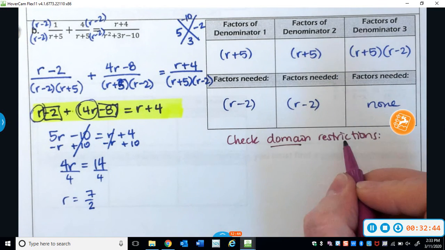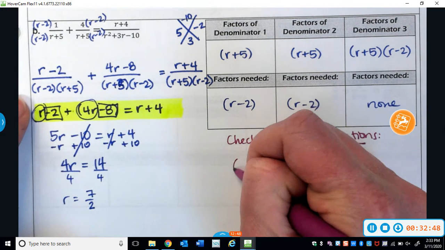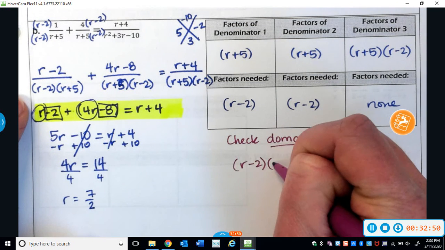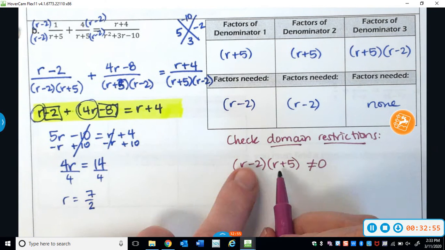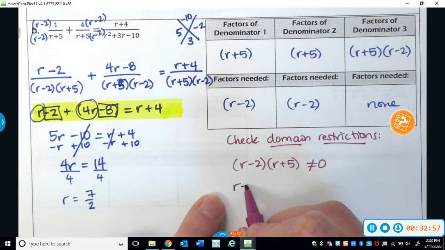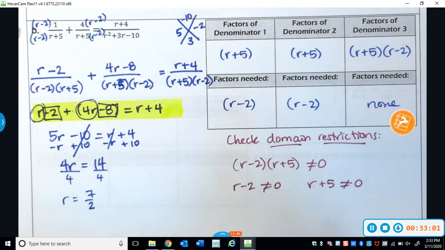Domain means x, restriction means not allowed. So I'm just looking at what r values are not allowed because they make the denominator 0. This is already factored, so I can just put each of those factors not equal to 0 and see which ones don't work.